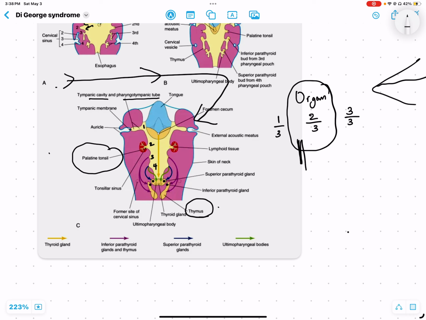That is the third pouch, and it also gives you the inferior parathyroid gland, again a third pouch derivative. Now coming to the fourth pouch, the fourth pouch gives the superior parathyroid gland.